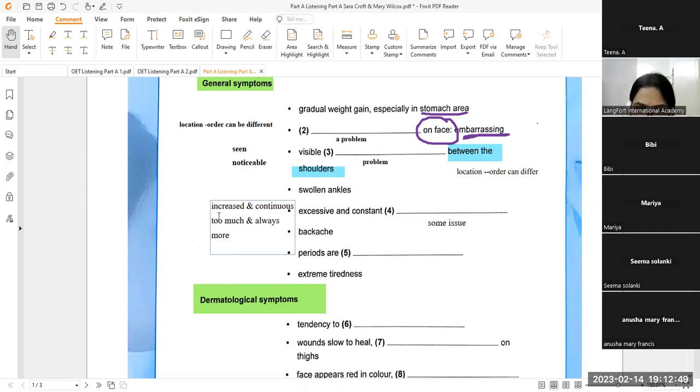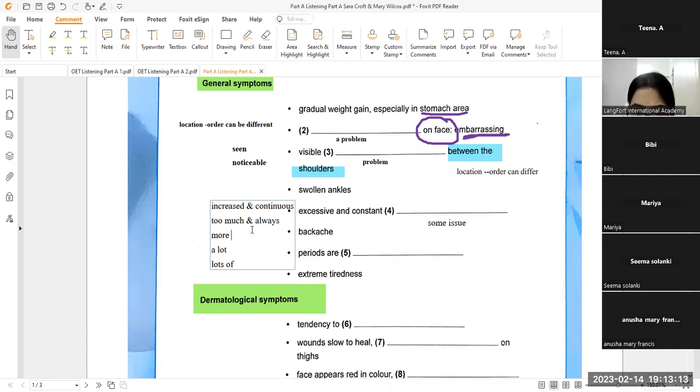Anything else? Very common, a lot or lots of, right? Always is continuous, always, constant. Anything else instead of constant? Can you say any other word for constant? Frequent, is it frequent means comes and goes?